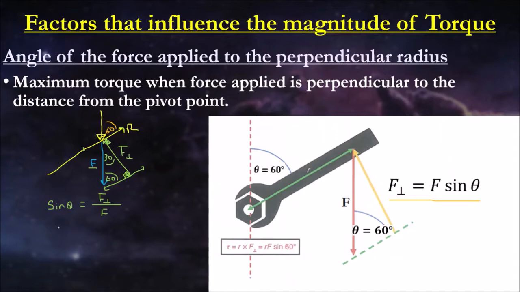If I move F over, so F times sine theta, I get F perpendicular. If I sub that into the formula, so tau equals F perpendicular times the radius of rotation, then tau is equal to F sine theta r.